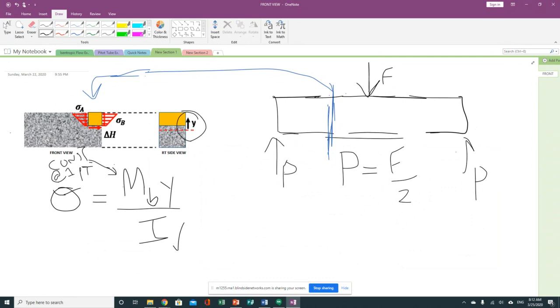So at my neutral axis, my bending stress will be what? 0, right? Because at the neutral axis y is 0. At the top of the beam, it'll reach a maximum. At the bottom of the beam, it'll reach a negative maximum. So just by the fact that it's bending stress, we should anticipate that it will be triangularly distributed. Does that make sense, Nick?